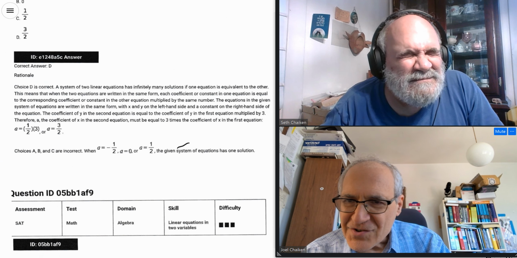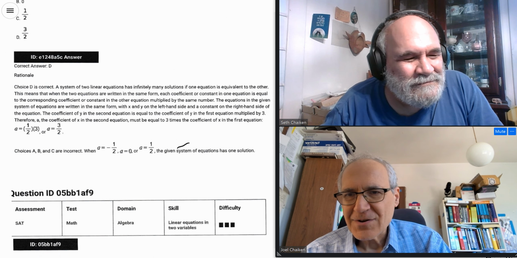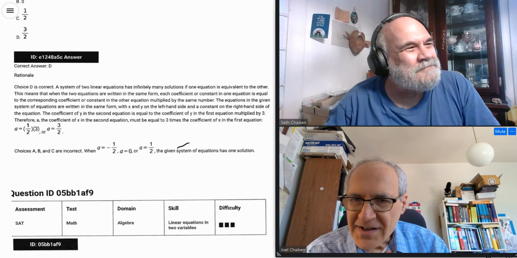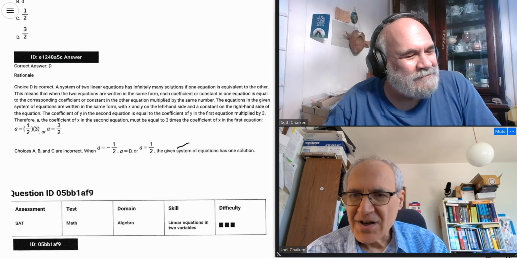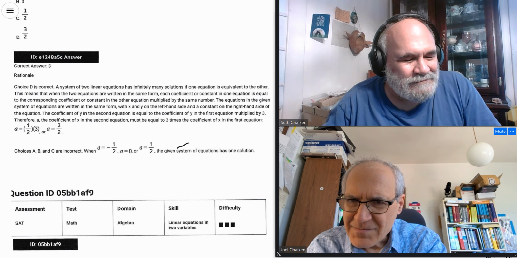This means that when the two equations are written in the same form, each coefficient or constant in one equation is equal to the corresponding coefficient or constant in the other, multiplied by the same number. That's what I said. Right, so that's the idea of proportional, that the coefficients are proportional. The equations in the given system are written in the same form.